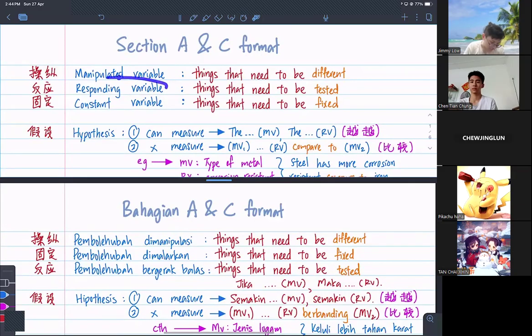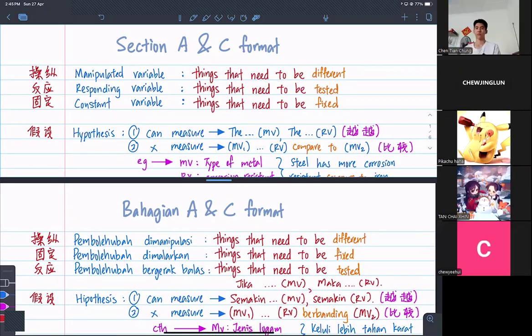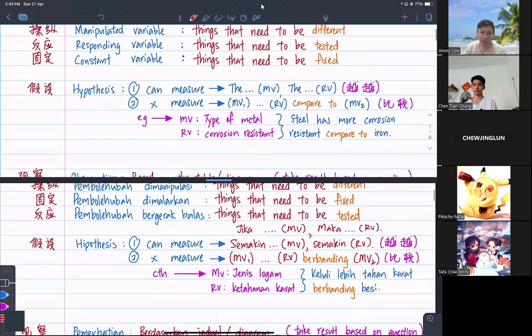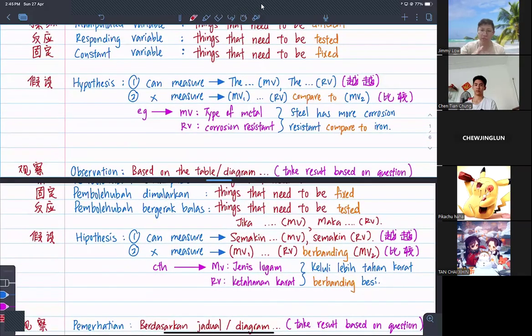For responding variable, make sure the result is tested accurately. For constant variable, make sure something is the same. You got me? So the way to answer how to control these kinds of variables is make sure. Now, when it comes to your hypothesis, we have 2 ways to deal with it.